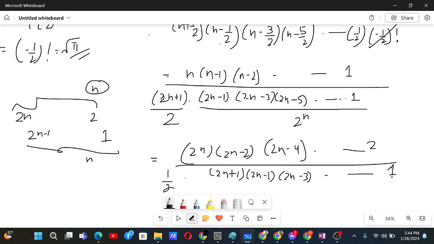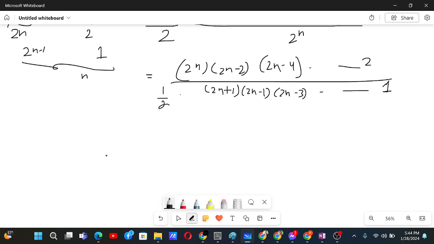Now let us see what double factorial means and how we can use it here. Double factorial means something like this. If I have an odd number, the double factorial will be 5 times 3 times 1, and if I have an even number, that will be the product of even numbers. Sorry, not 3, 2.